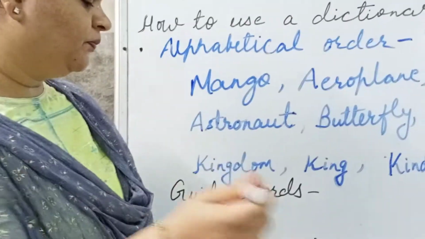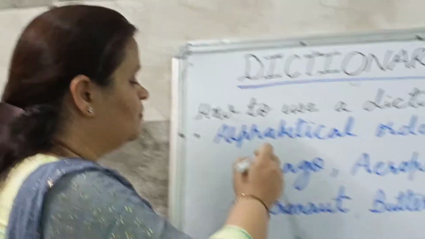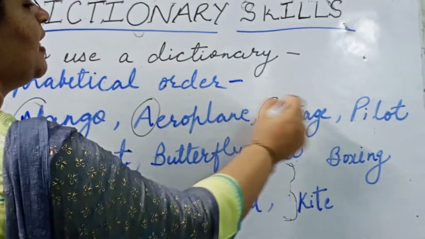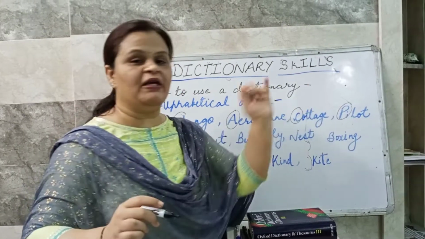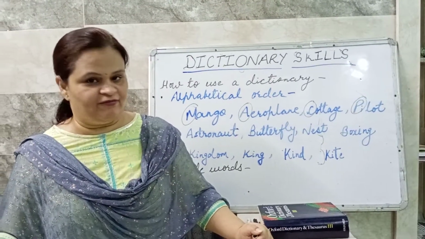Mango, the first letter is M, aeroplane A, cottage C and pilot P. M, A, C and P. Now fortunately all the 4 letters are different.